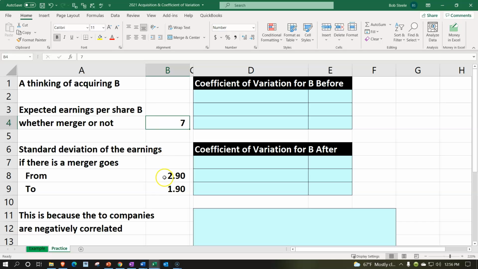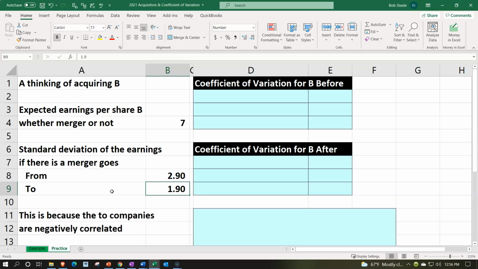So if we're going from a standard deviation of 2.9, you've got more spread from the center point than you would from the 1.9, and you would think that would result in more risk. Why would it go from 2.9 to 1.9 if we're talking about a merger situation?